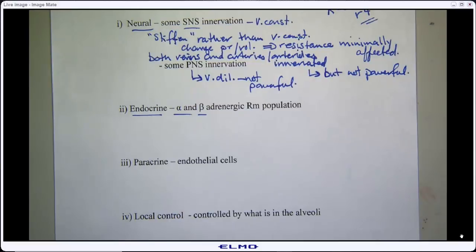So, two ways to have no net effect. One would be to have no membrane receptor population there. That doesn't seem to be the strategy the body has taken, but it doesn't want a huge effect, so it puts alphas and betas up there equally. So epinephrine and norepinephrine will have a vasoconstrictor effect and a vasodilator effect, so at the end of the day, no net change.